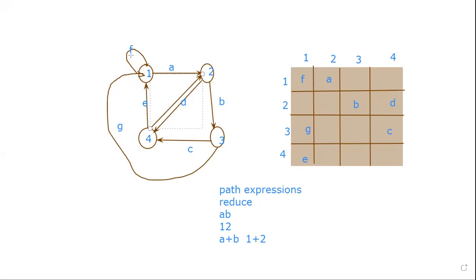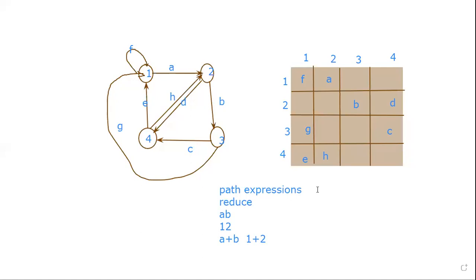So give this value as H. And the other one, from 4 to 2, we have the edge H. There is a parallel link here.